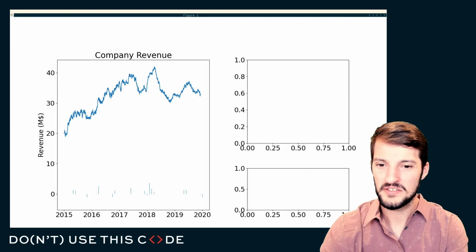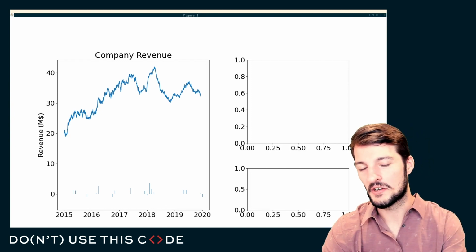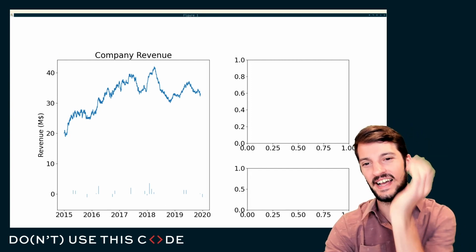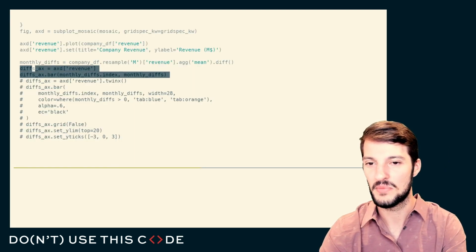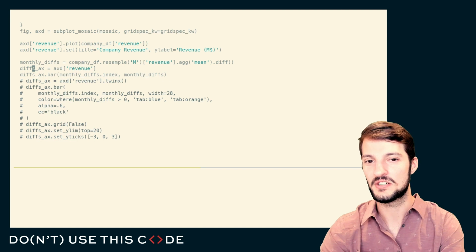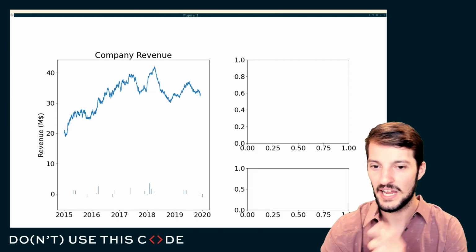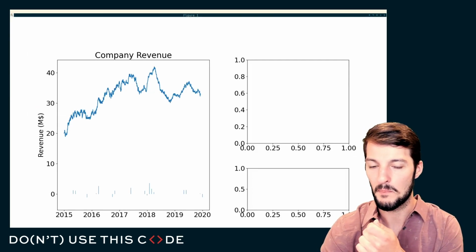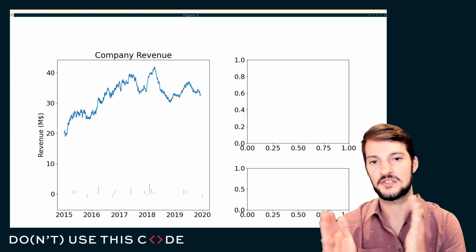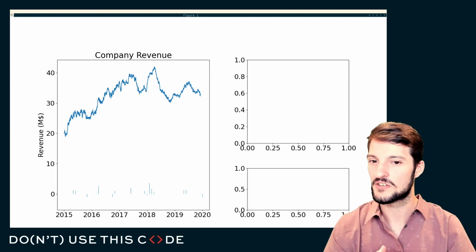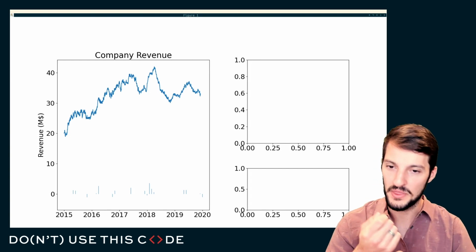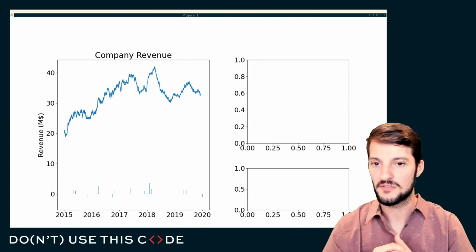But it's almost impossible to see. Also, I've now pushed up my entire line graph just trying to visualize the difference from month to month. We have two different issues here. The first is that I've aggregated this data to occur on a monthly basis, but I've not increased the width of my bar, so they're coming off very small. The second issue is that when we're looking at month-over-month change, we're not expecting a very large change.